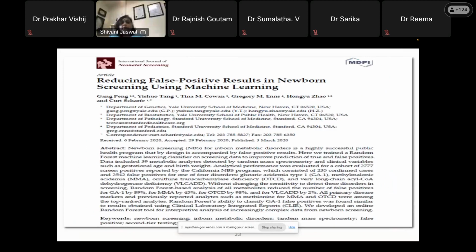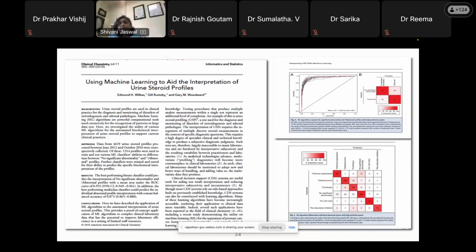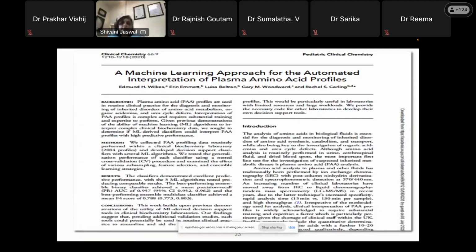Again, some tools have been developed to reduce false positive results in newborn screening, and then there are tools that have been utilized for more accurate interpretation of urine steroid profiles. Then there is the interpretation of plasma amino acids. So these are all supervised models where you train the machine and develop the tool by giving it a lot of data with the correct answers, and then it can be utilized to make correct predictions for unlabeled data.